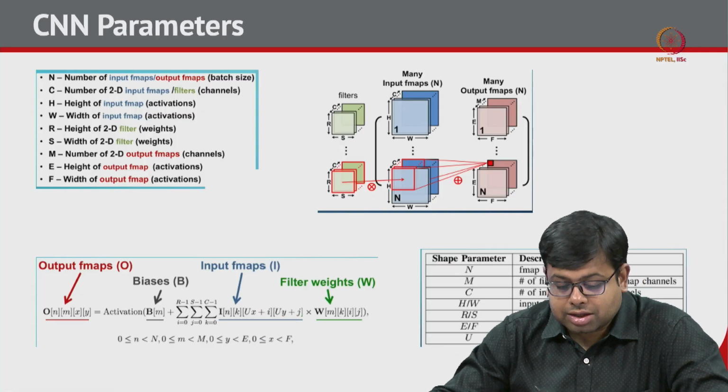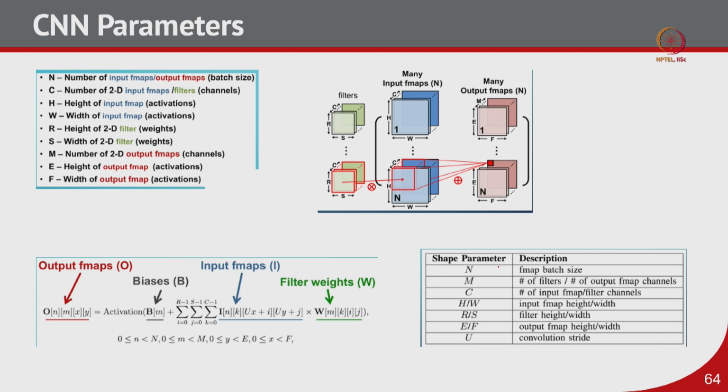Now, these are some shape parameters which are actually used to compute this particular function. This particular equation is nothing but a way to compute each of the pixels in the output feature map. So, we have many parameters like n, m, c, h, w, r, s, e, f, and finally the convolutional stride U, right.